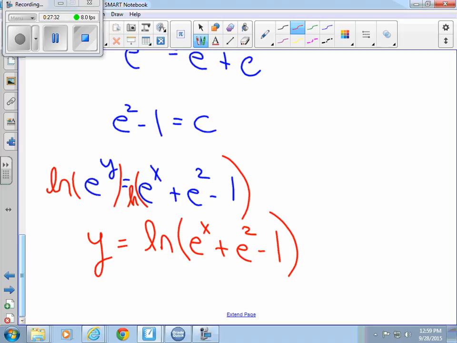Properties of logarithms. Is there a property for this? Maybe. That's the question. Is there a property of logarithms with pluses and minuses in the logarithm?